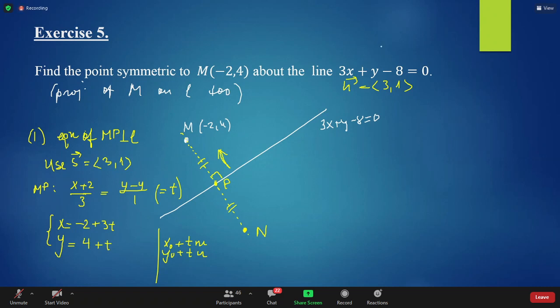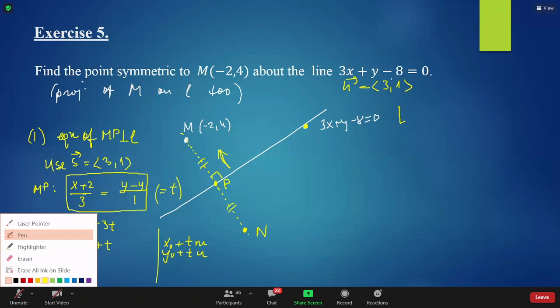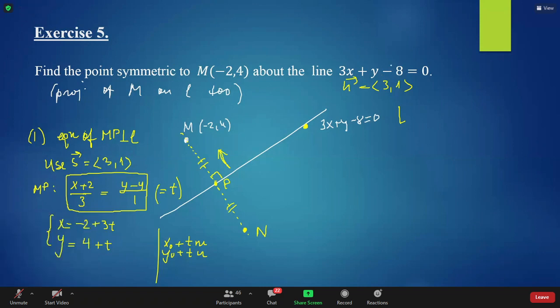So to find this point, I would say the given line, and this is a system of equations, or even this is an equation for MP. So I have to solve a system. Okay, let's skip this parameter t, because I think it will be probably simpler to solve a simple system. So we take the equation of the given line, and we take the equation we got of the new line.